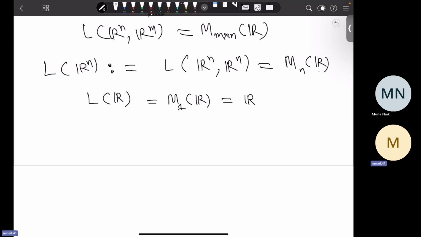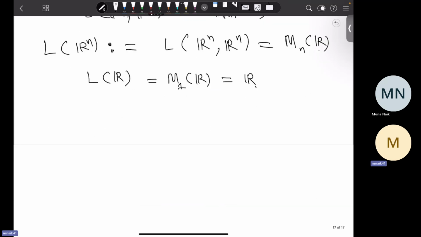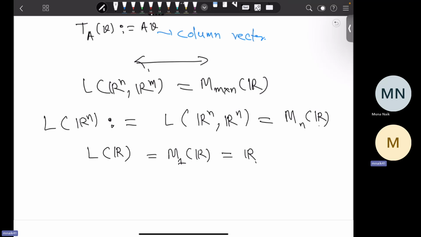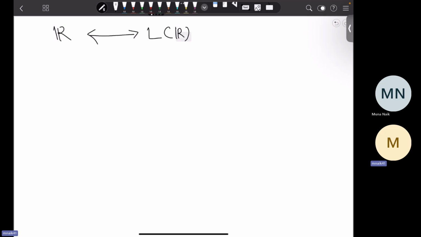So any real number can be thought of as a linear map from R to R. And what is the linear map? Let us say a is an element here.